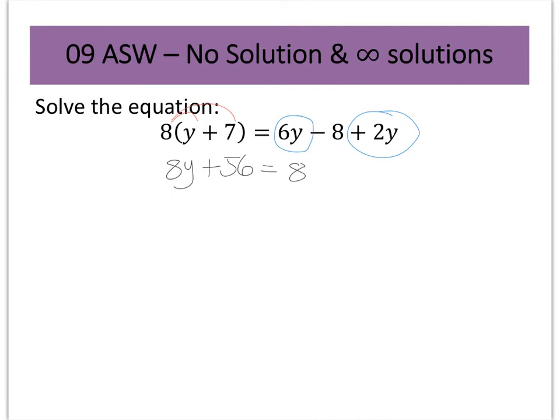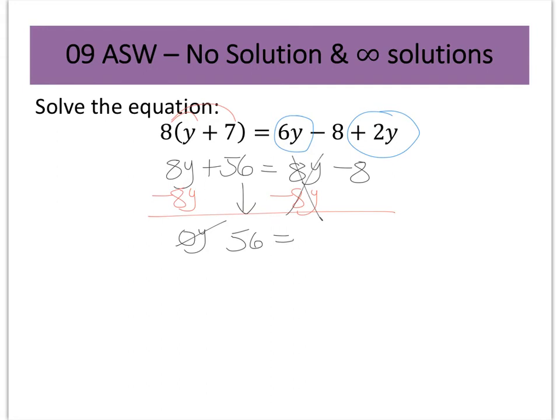Now I want to get the y's to the same side, so I'm going to subtract 8y from this side and subtract 8y from this side, and then I see 8y minus 8y is 0y, or just 0, and the 56 is going to come for the ride. So 56 equals negative 8. Well, this is a statement that is always false.